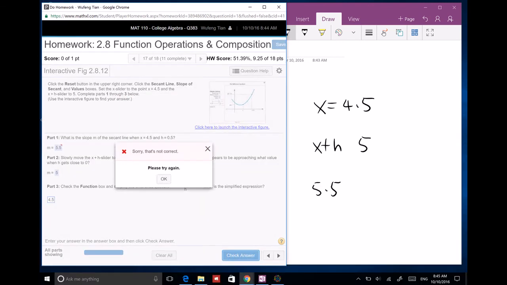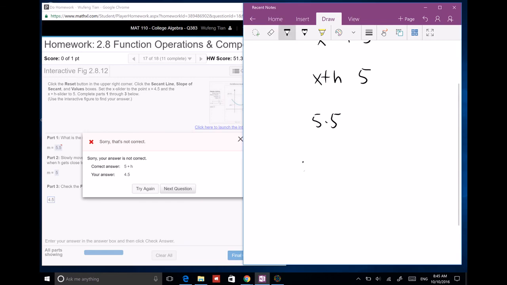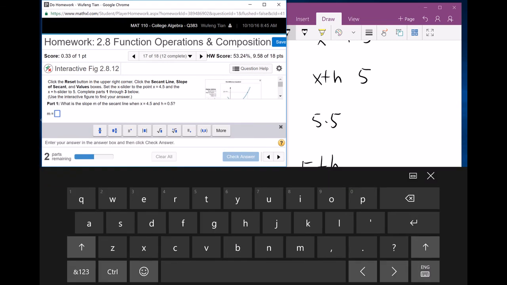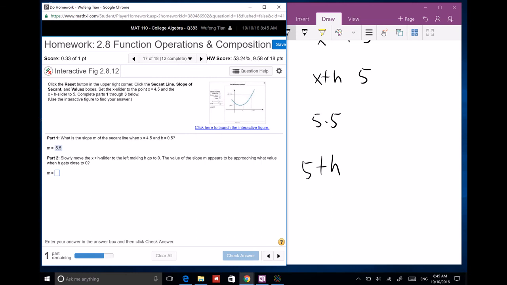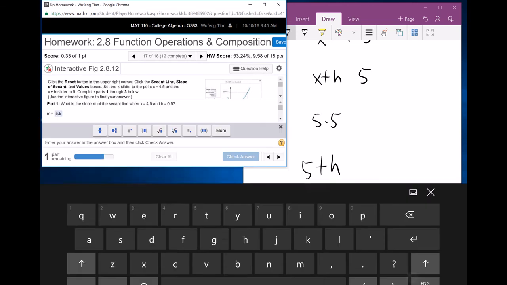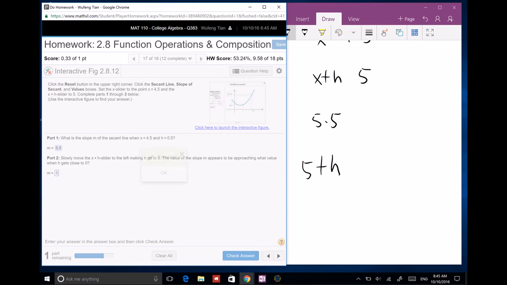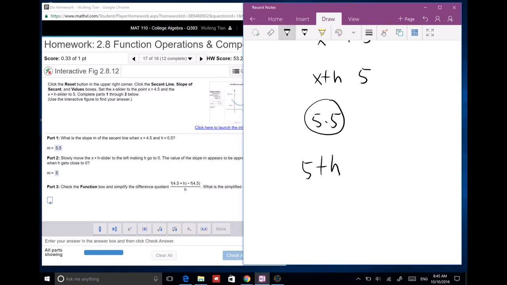This one is 5 plus h. So try again. The first one is 5.5, the second one is 5, and the third one is 5 plus h.